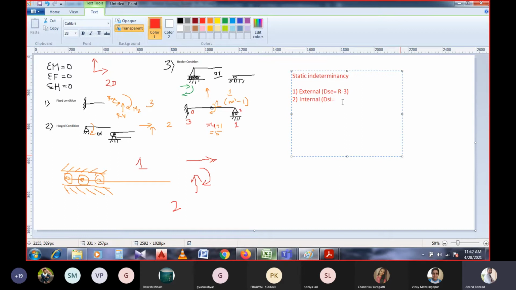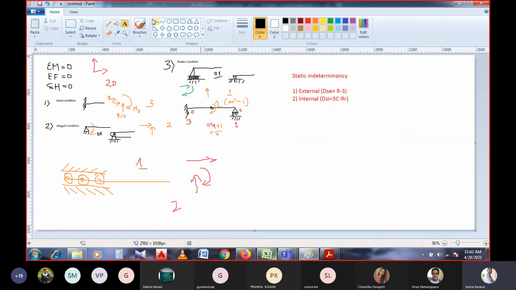At the same time, if you are going to calculate the internal statical indeterminacy for a particular structure, that would be considered as 3C minus RR.